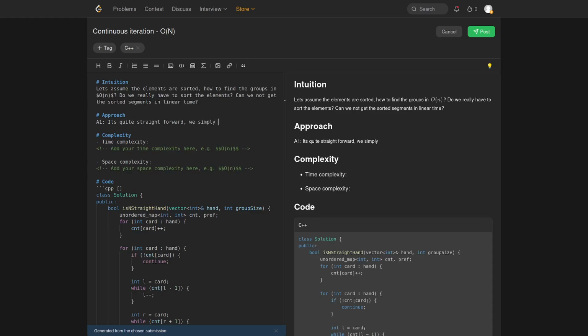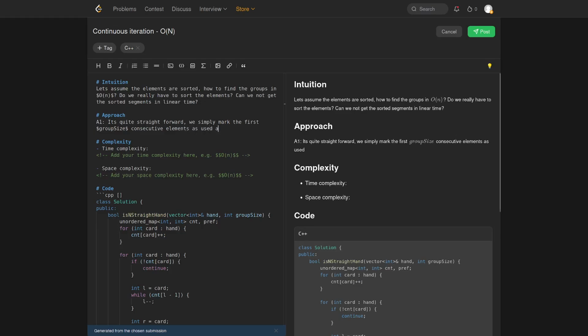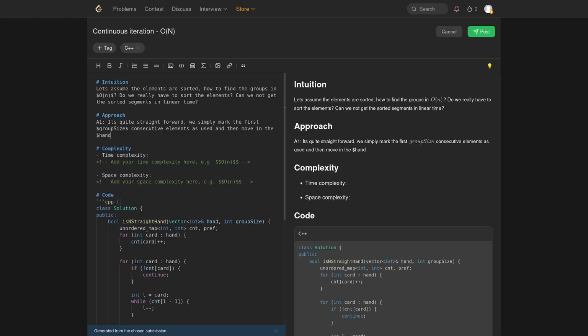We simply mark the first group size consecutive elements as used, and then move in the end until we find the first unmarked and repeat.